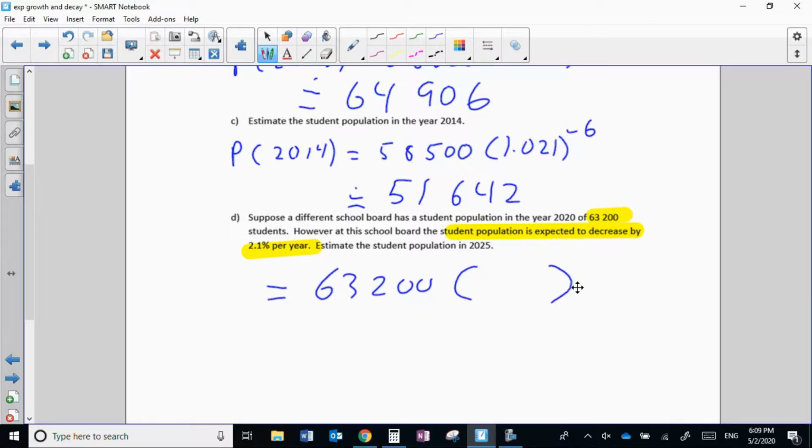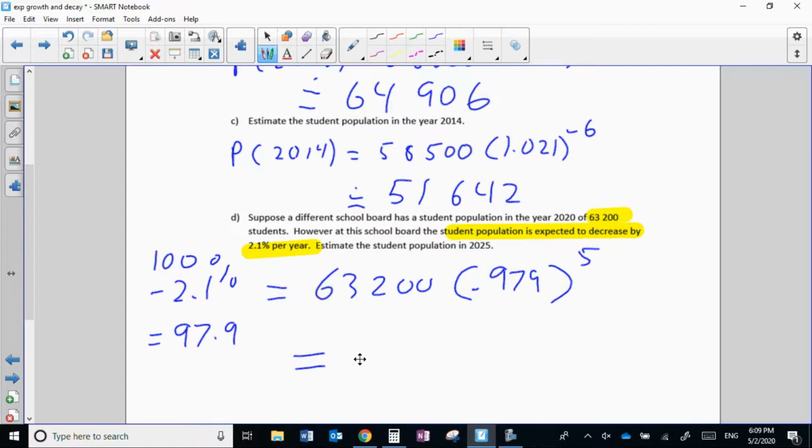And that decay rate is going to have to be less than 1. We can actually think about taking 100, subtracting 2.1, and you would get 97.9 percent. Okay, these are all percents. And then as a decimal, that's 0.979. And we want to know it in 5 years, so that's the calculation we'd use.